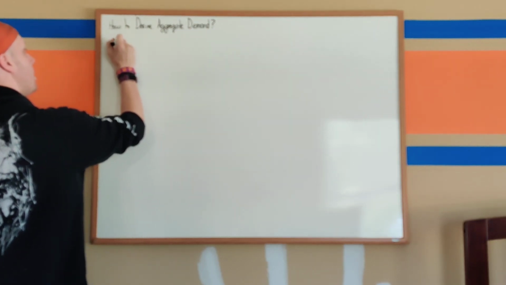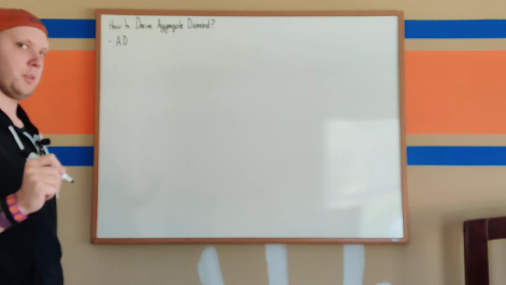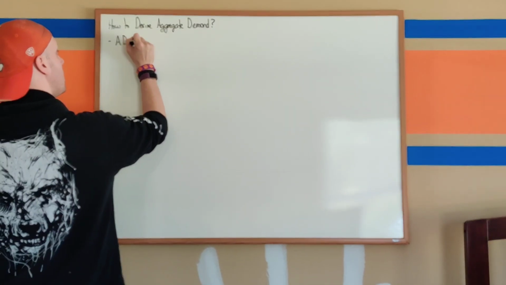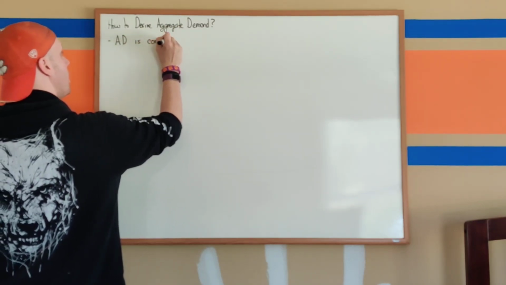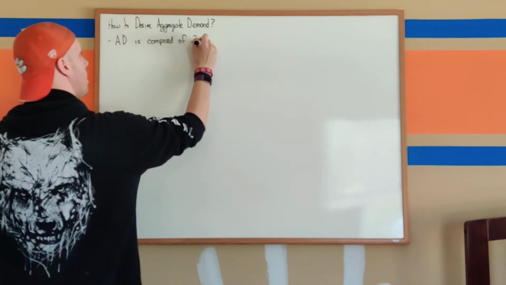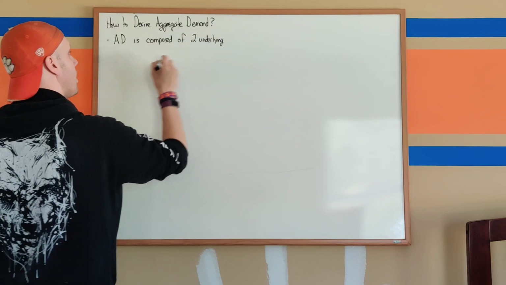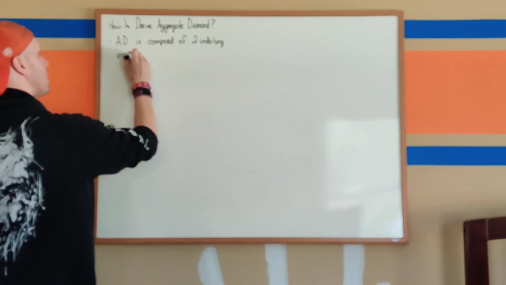Well, aggregate demand, which from here on out is going to be labeled AD, is composed of two underlying equations or curves.